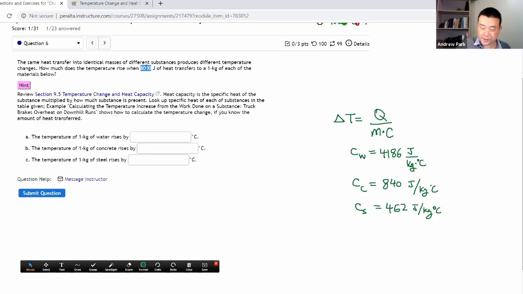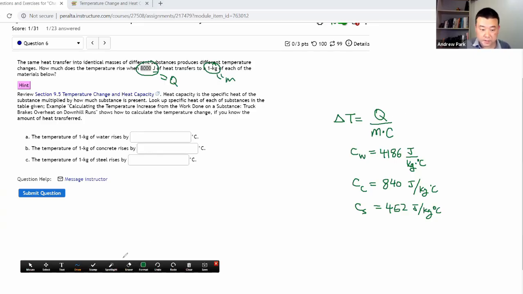So I'm given the amount of heat there. So let me just remind myself that this is the Q in units of joule. So you can see that, and the amount of mass is 1 kilogram in unit of kilogram.